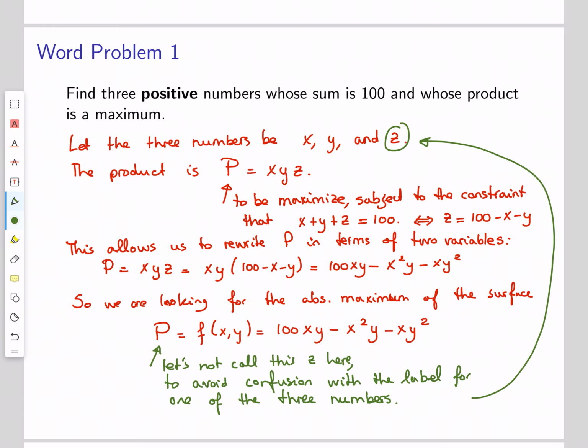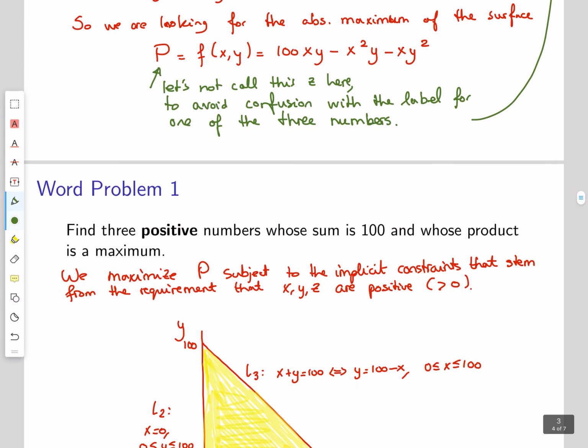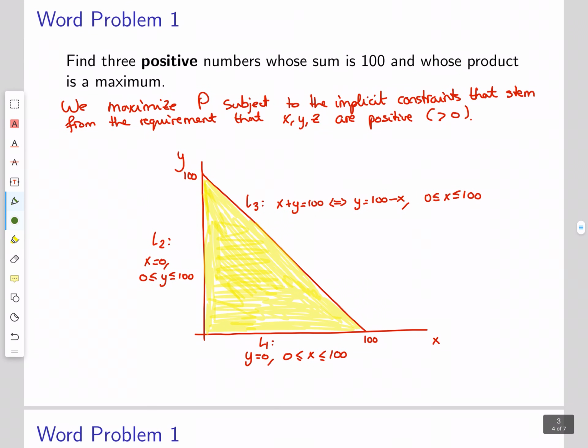All right, so let's take a look. There are some other implicit constraints that stem from the requirement that x and y and z all have to be positive. They all have to be greater than 0. So x has to be greater than 0, but also x has to be less than 100, because as soon as x is equal to 100 or larger, that says that y or z have to be 0 or negative, and that's not allowed.